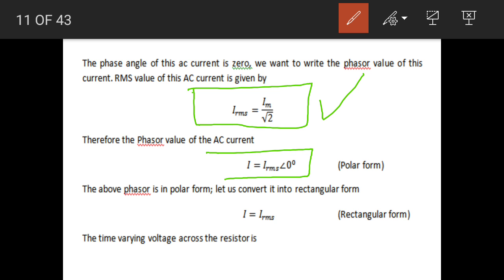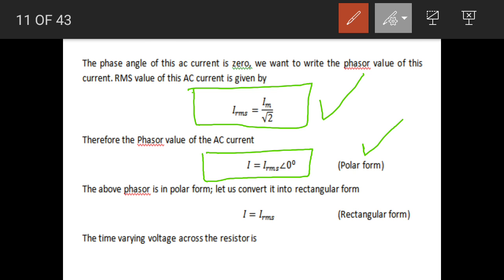So this is the AC current, this is the phasor value of this AC current, and this AC current is in polar form. The magnitude of this phasor is equal to the RMS value of this AC current, and the angle of this phasor is equal to the phase angle of this AC current. So the AC current is in polar form.